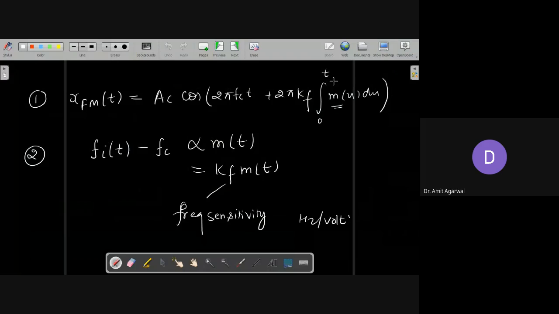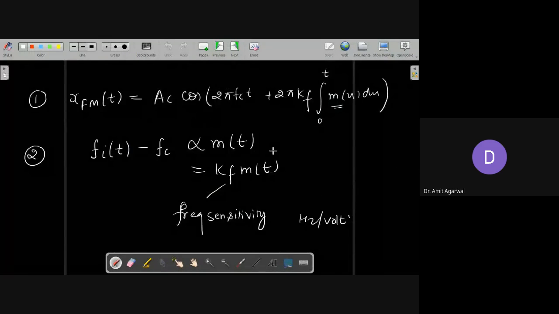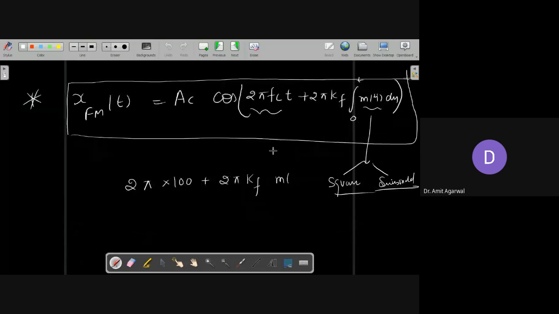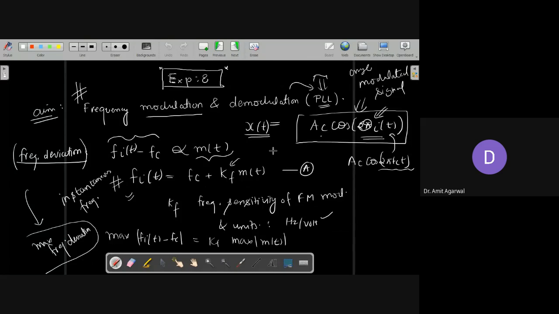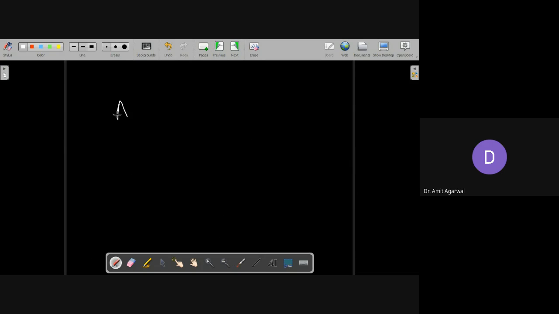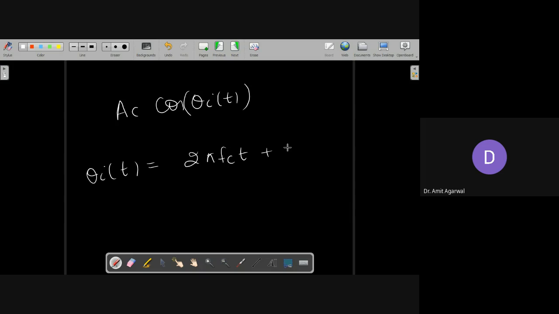See, look at this. This is your theta i(t), right? And our aim is to generate Ac cos theta i(t), with theta i(t) as 2 pi fc t plus the integral of m(u) du multiplied with 2 pi kf.